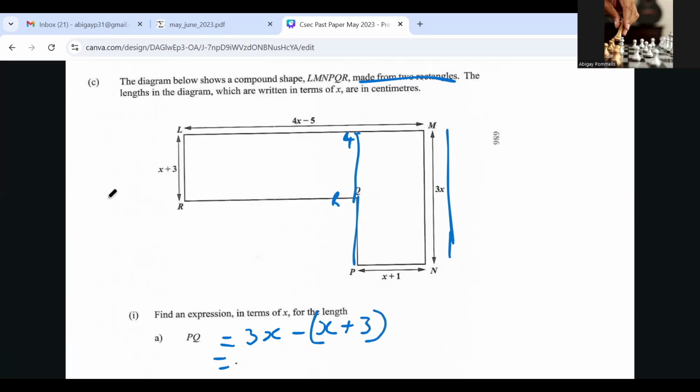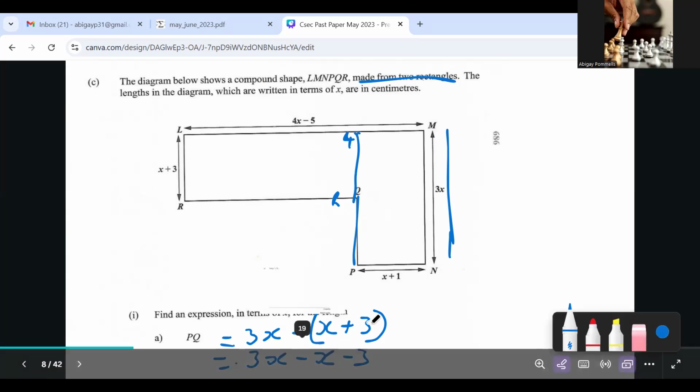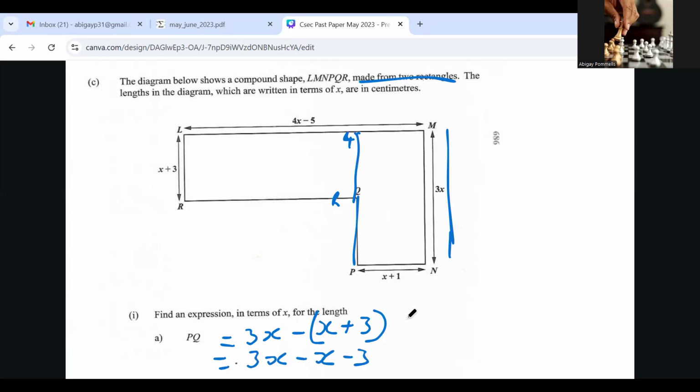Don't forget the bracket, it's very important. So this will just equal 3x minus x minus 3 because this minus sign multiplies everything inside of the bracket. That's why I said the bracket is very important. Just remember that. So it will equal 2x minus 3. That's our answer right there.